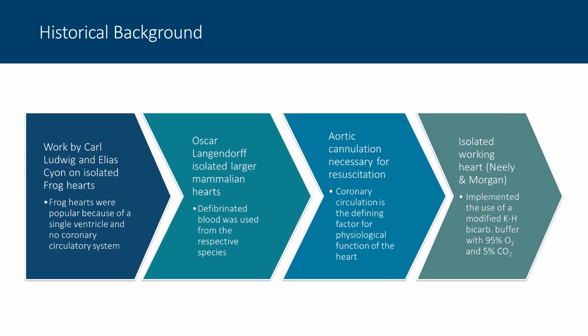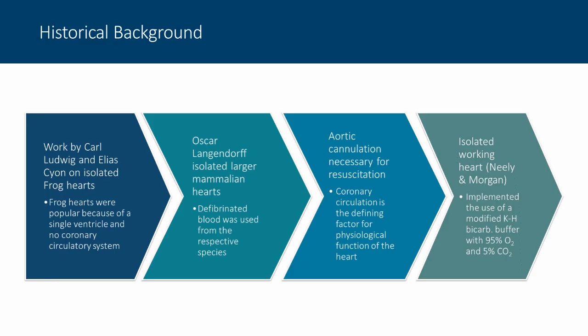Whilst numerous adaptations were made to the original setup made by Oskar Langendorff, including the measurement of inflow rates to determine coronary flow rates, and development of constant pressure and constant flow systems, the principles of Langendorff perfusion do remain constant to today.